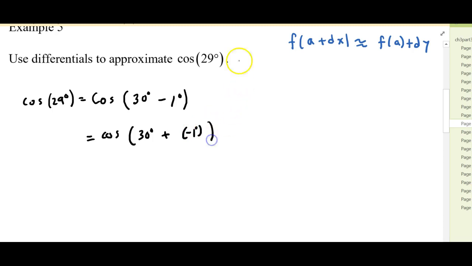Now a must be 30, and the small change, dx, must be negative 1 degree.